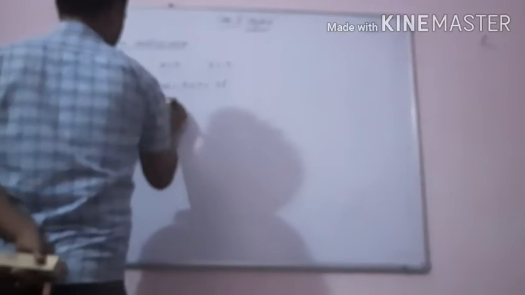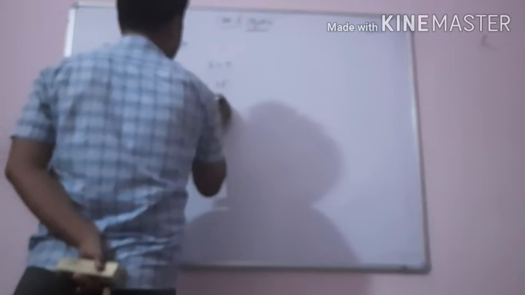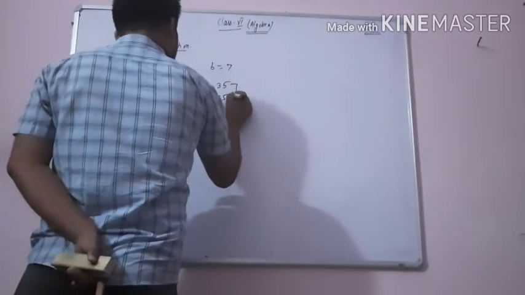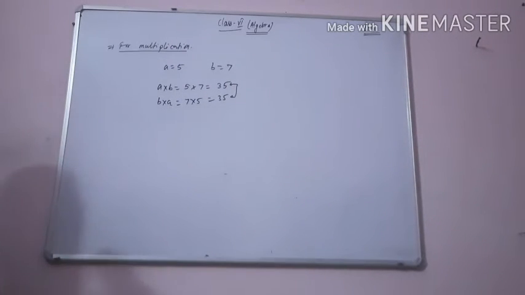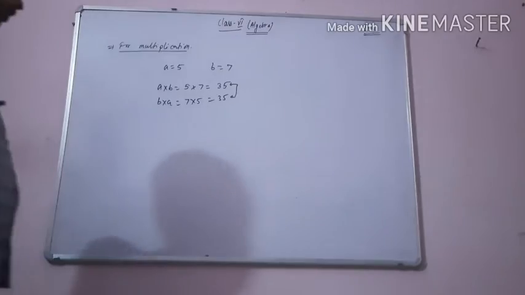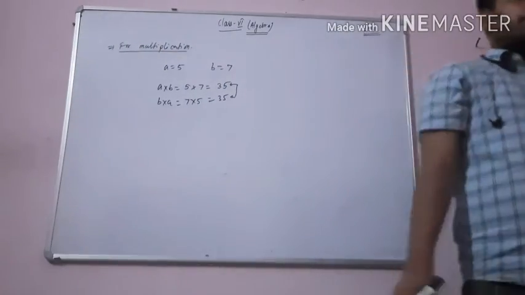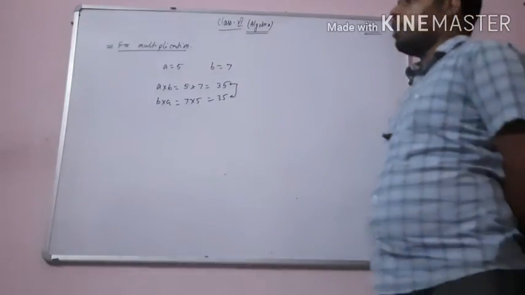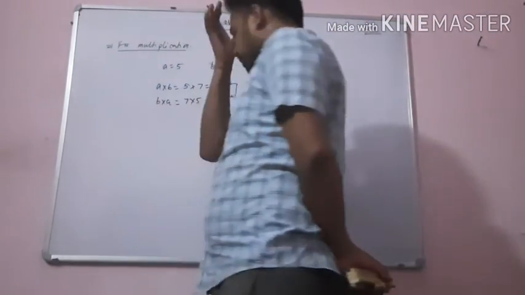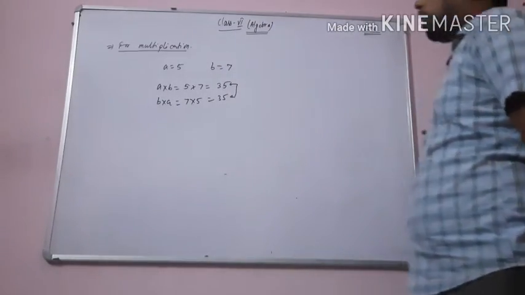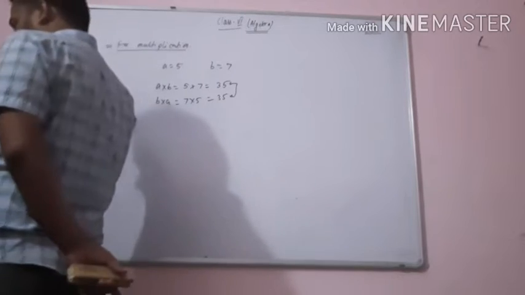And B multiplied by A, 7 multiplied by 5, is also 35. See what we are saying here: when we interchange the place of the numbers, the result is the same.